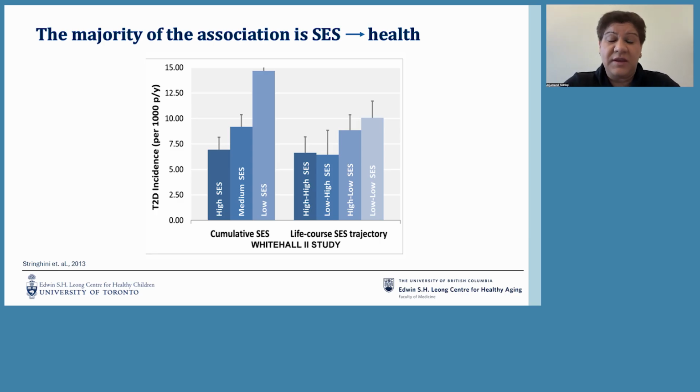And it found indeed that the lower your socioeconomic conditions on both measures of socioeconomics, the higher the risk of developing type 2 diabetes. And over the course of the literature, I think what has been established is that the majority of the relationship between socioeconomic status and health is socioeconomic conditions leading to poor health outcomes, even though both are possible.